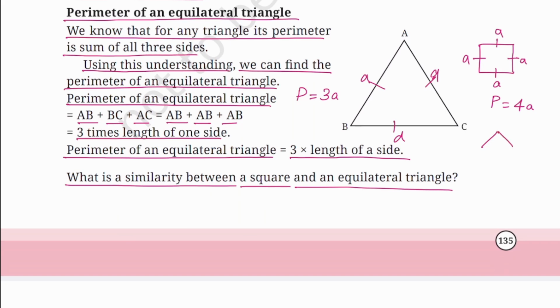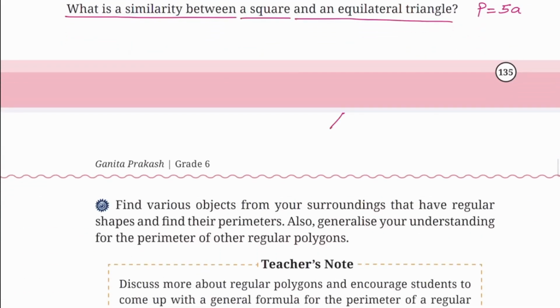Similarly, for a regular pentagon, perimeter is equal to 5 times side length. Similarly, for a regular hexagon, whose all sides and all angles are equal, perimeter will be 6 times side length.